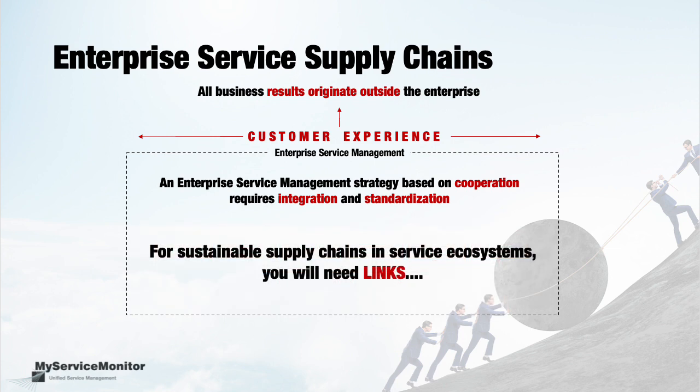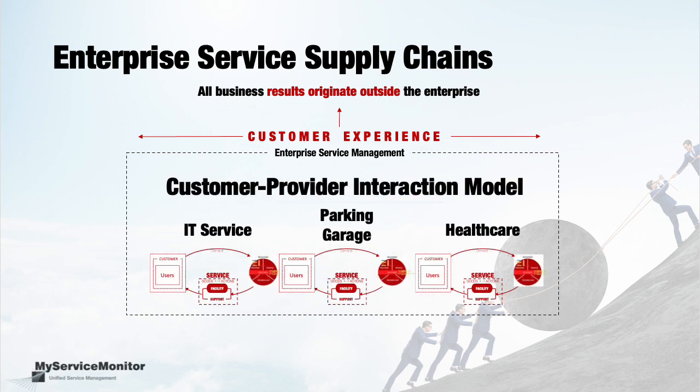And this is where the USM method introduces the concept of a link. For sustainable supply chains and service ecosystems, you'll need strong links. And the USM customer provider interaction model gives us a universal, unified link across complex service ecosystems.